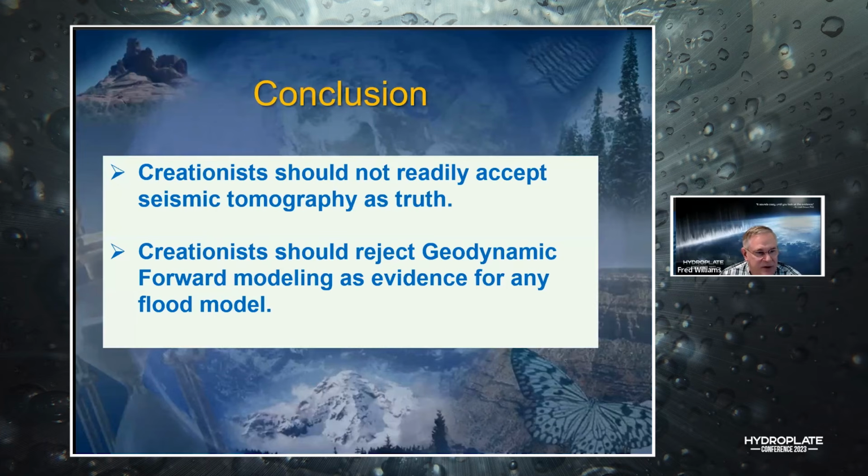But for guys like me who use modeling in the real world, it's not evidence. I hate to be so almost dramatic in my statements, but we need to stop using this as evidence for any flood model. Geodynamic forward modeling has way too many assumptions and problems to lead to those kinds of conclusions. It's way oversold.